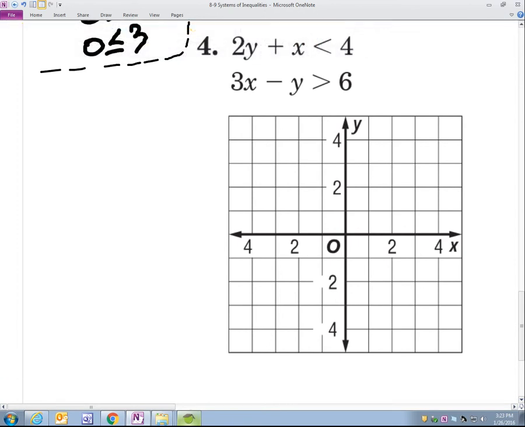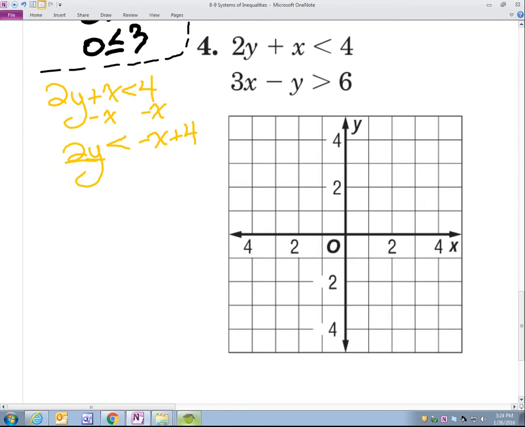Let's see. 2y plus x is less than 4. I'm going to take one x away from here, one x away from here, which leaves me 2y less than 4 minus x, or I could just do the opposite of x plus 4 because of my integer rules.